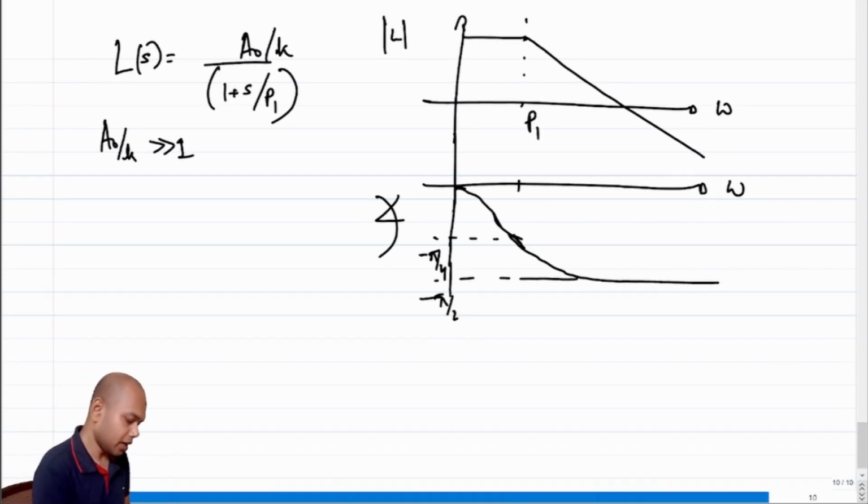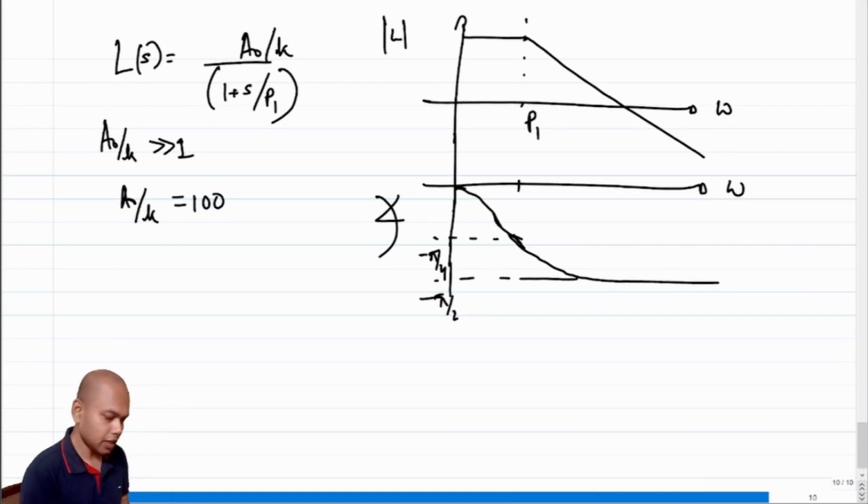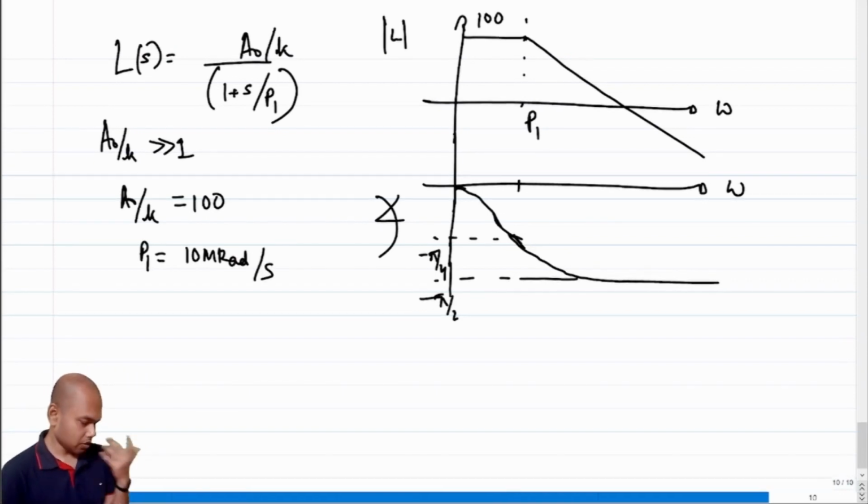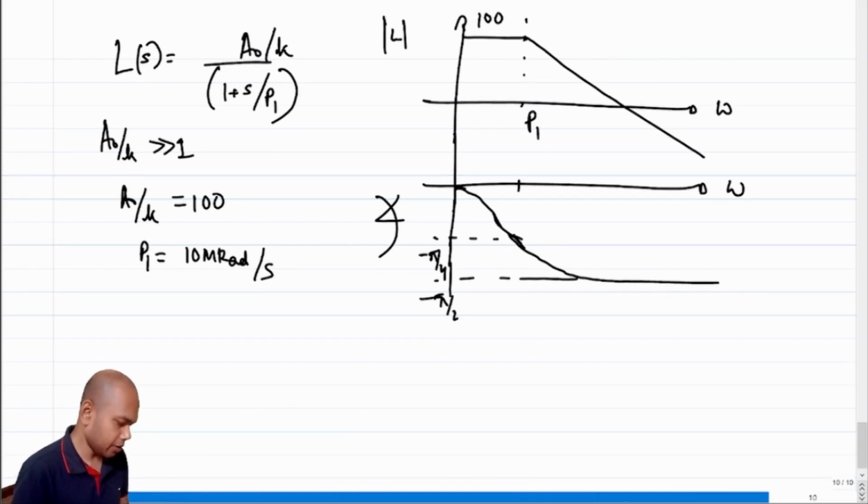So let's take an example. Let's say A naught over K is equal to 100, and let's say P1 equals 10 mega radian per second, not megahertz, mega radian per second.